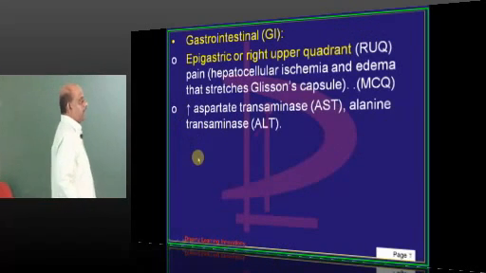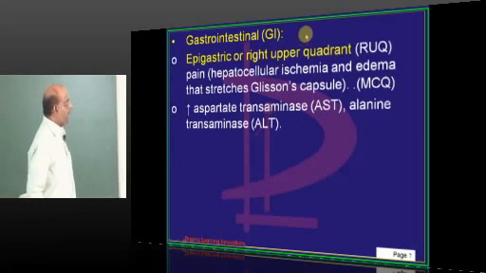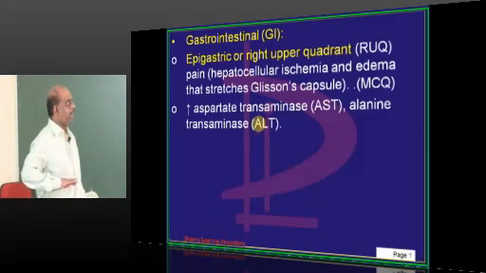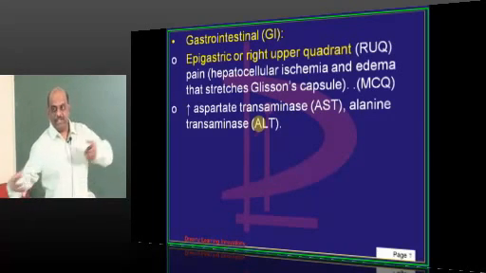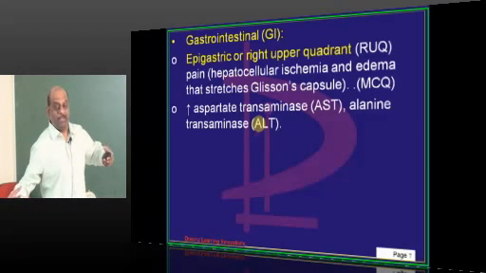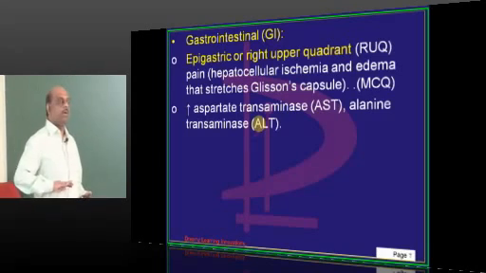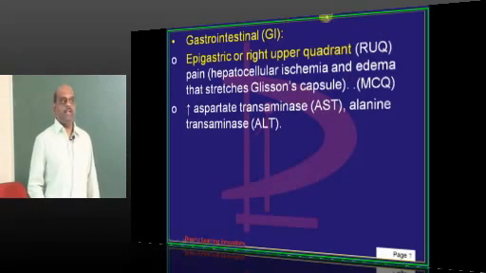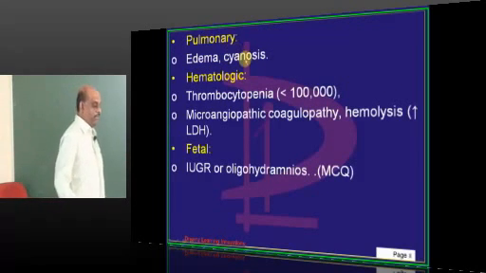If the GIT symptoms are there like epigastric or right upper quadrant pain, because of hepatocellular ischemia and edema, which is causing Glisson's capsule of the liver to become stretched, leading to epigastric or right upper quadrant pain. And if you do LFT, if there are elevated SGOT, SGPT, that is also an important way to call severe.